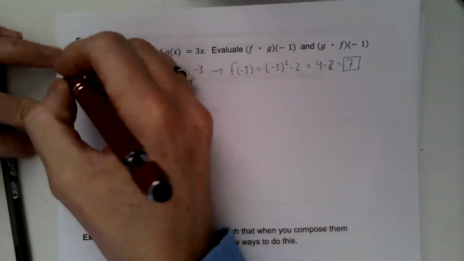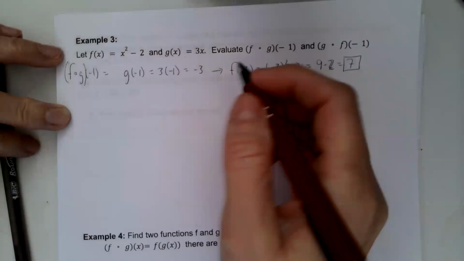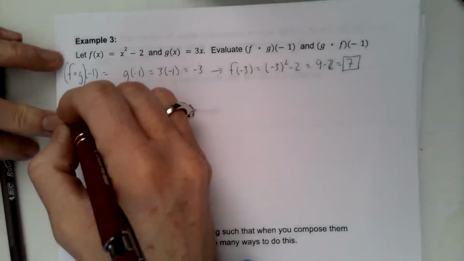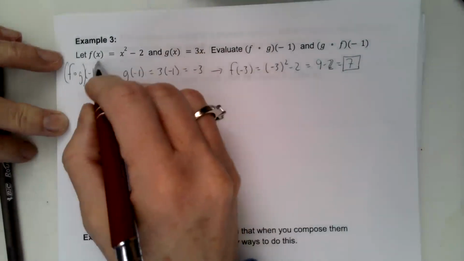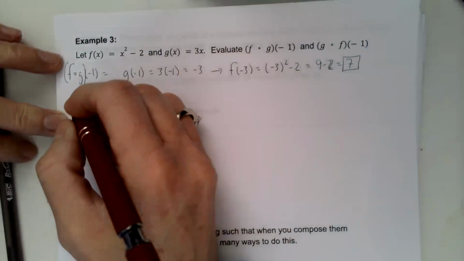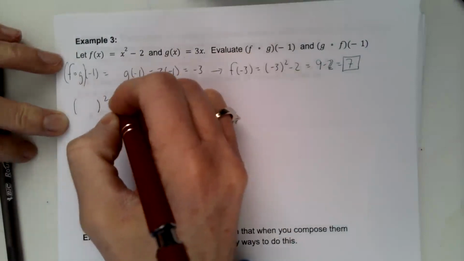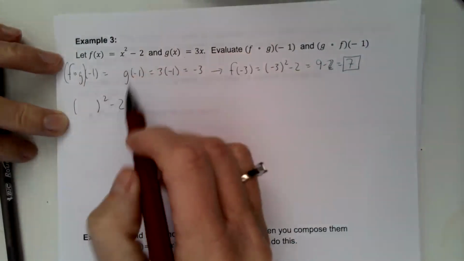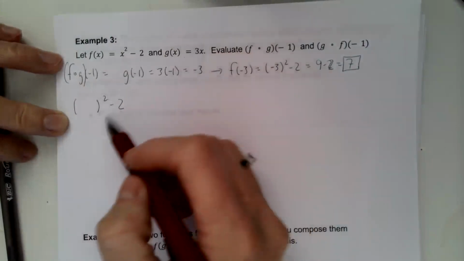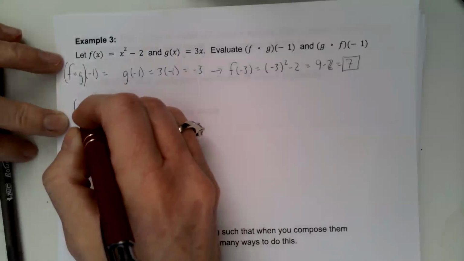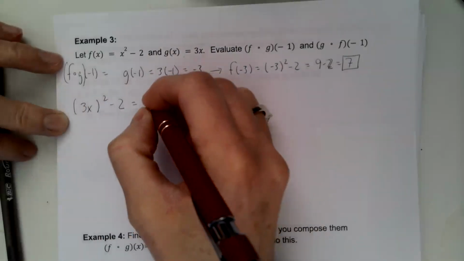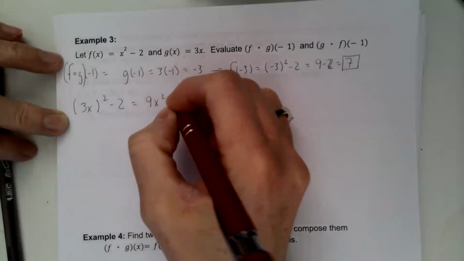Now we could have composed f with g first and then put -1 in. If I just compose the functions, that means I'm going to put g of x as my input into f. So I've got the outline of f here, something squared minus 2, and g of x, 3x, is going to go in there. So 3x squared is 9x squared minus 2.